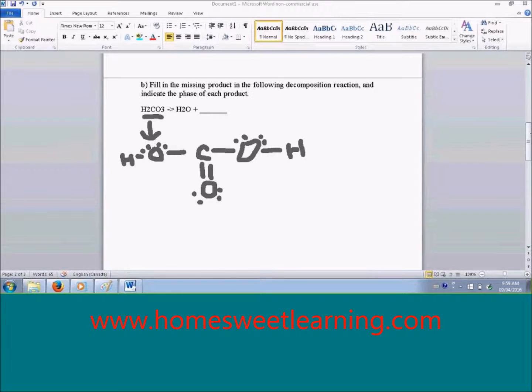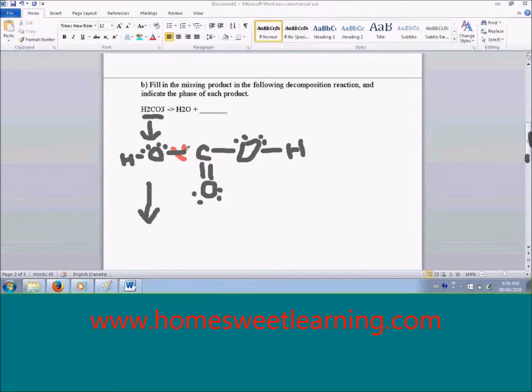So in the decomposition reaction, what happens is that we're going to form water. In order to do that, the bond between the oxygen and the carbon is going to break.